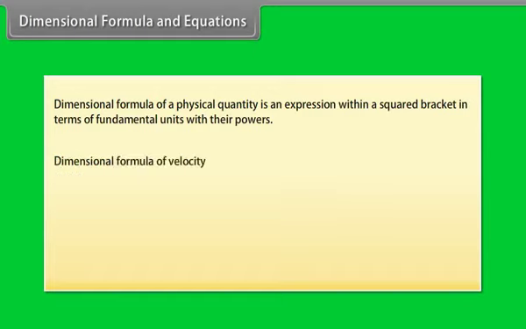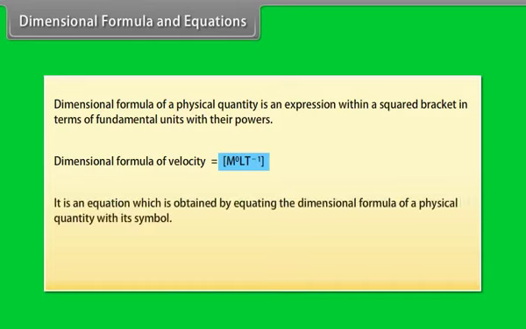Dimensional formula of velocity is [M^0 L T^-1]. A dimensional equation is obtained by equating the dimensional formula of a physical quantity with its symbol. Let us take an example. Dimensional equation of velocity is V = [M^0 L T^-1].